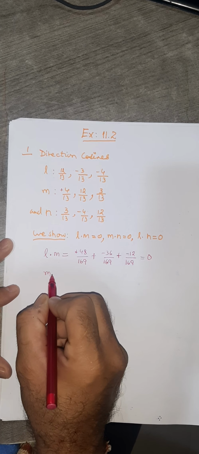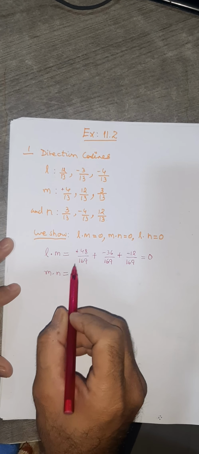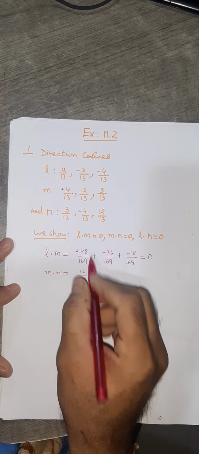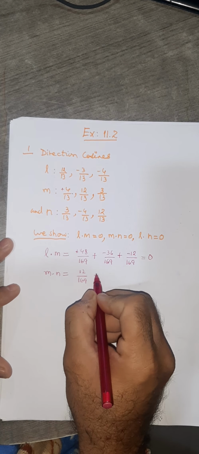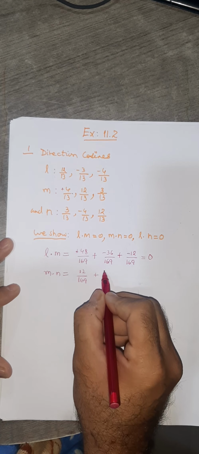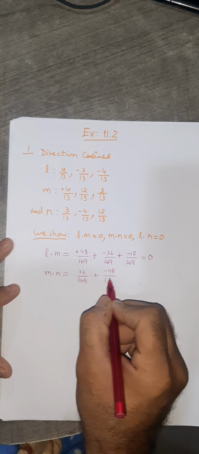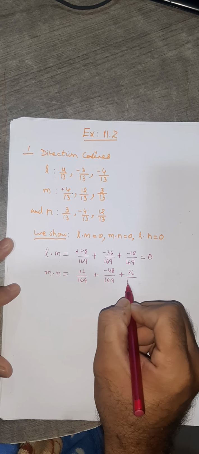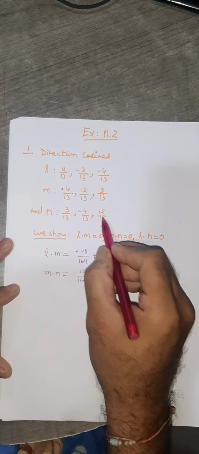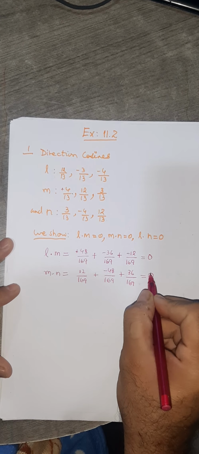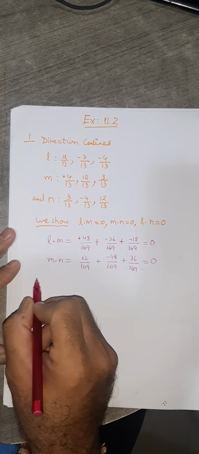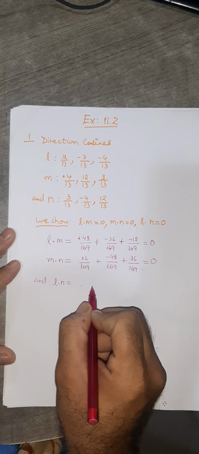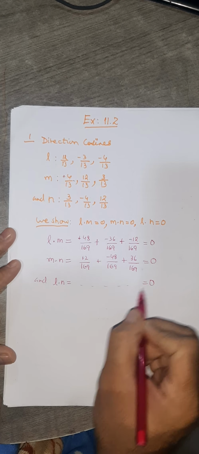Same way, if I do M dot N, then this is 12 by 169. This is plus here, minus 48 by 169, plus here this is 36 by 169. This into this equals again 0, you can just see. And if you do L dot N, you can see that this is also 0.